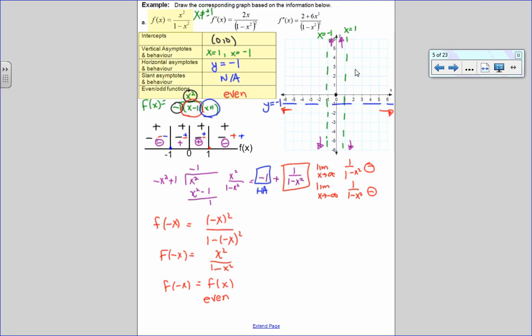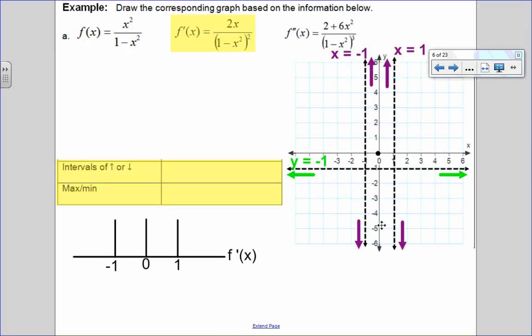Now I'm going to look at my first derivative. So here's all the information that I just found out. Now I'm going to look at my first derivative, and that's going to tell me intervals of increase and decrease, and then maxes or mins. So my first derivative is 2x over, now let's factor this so I can take out a negative 1, because then it will be x squared minus 1 all squared.